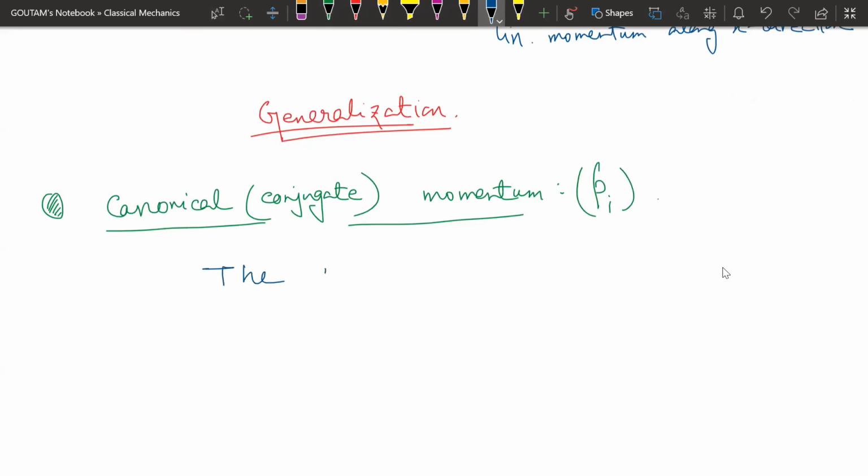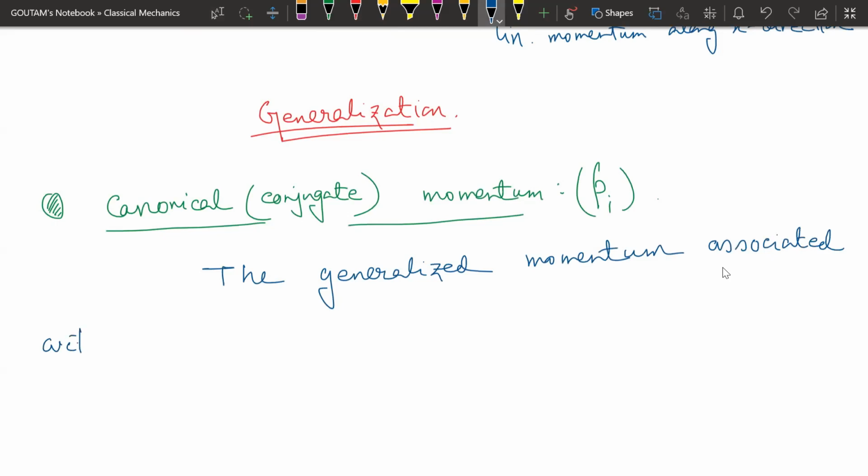It is a generalized momentum associated with a generalized coordinate.